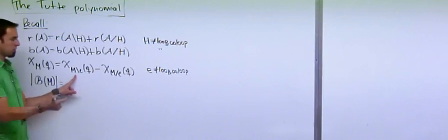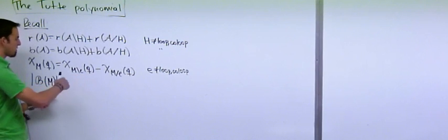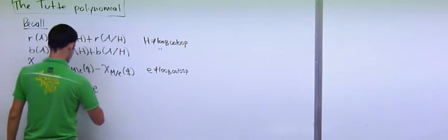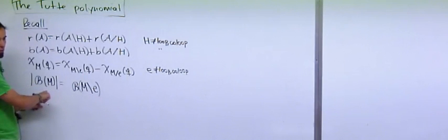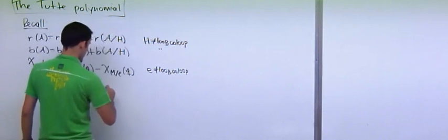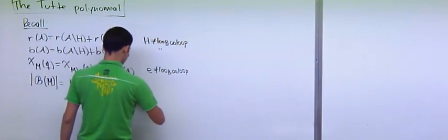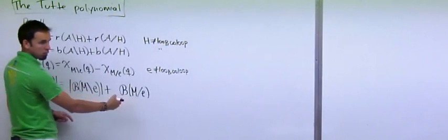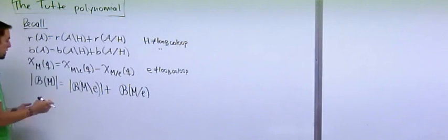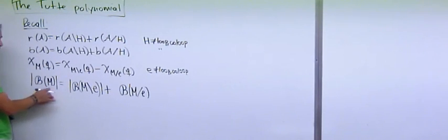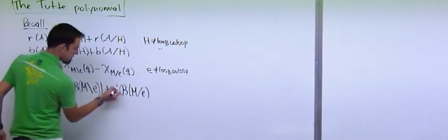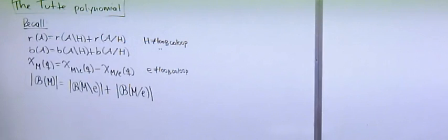The bases of M with E deleted are the bases of M that don't contain E. And the bases of the contraction are the bases that do contain E, and then you delete E from them. In other words, you can separate the bases of M into the ones containing E and the ones not containing E. And so the number of bases of a matroid satisfies the same recursion.